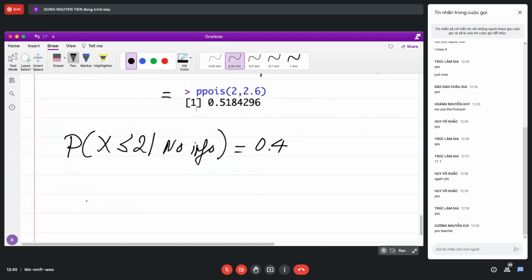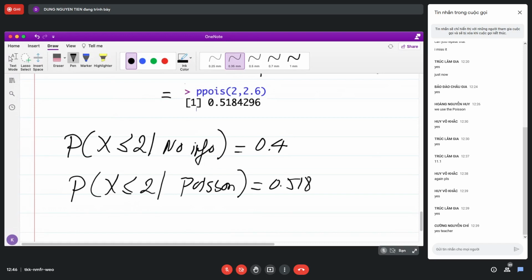Okay, and the probability that x is less than or equal to 2, if the distribution is a Poisson distribution, is 0.518426. Okay, make sense? May I move on, everybody?